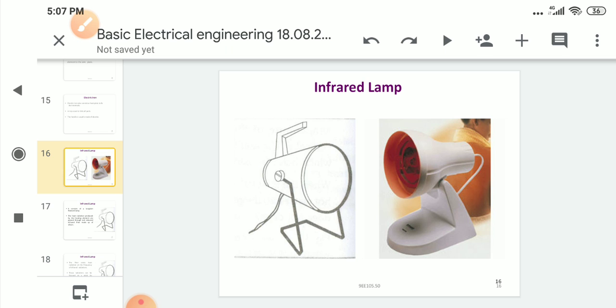Like the appliances we have studied up to now, this also has the same common feature, that is the heating effect of electric current.